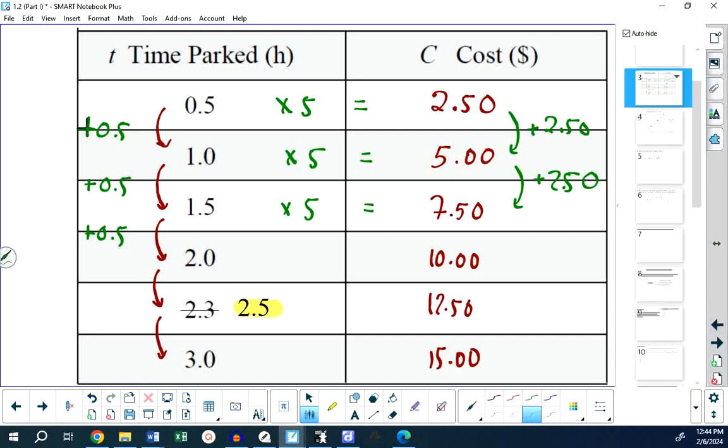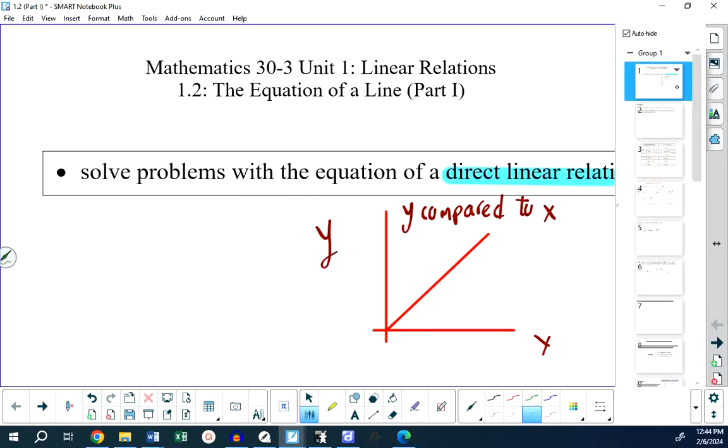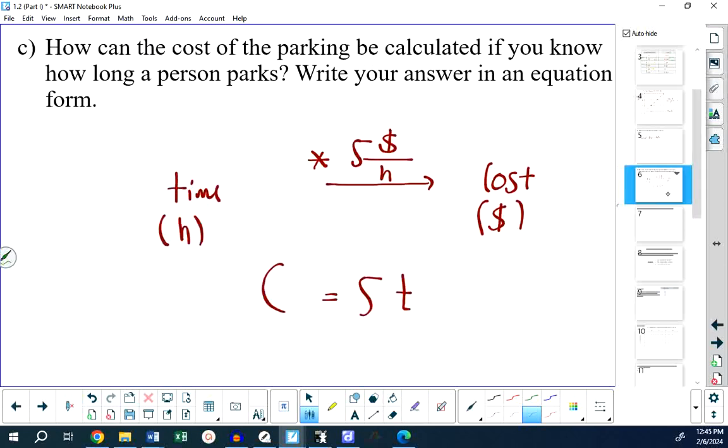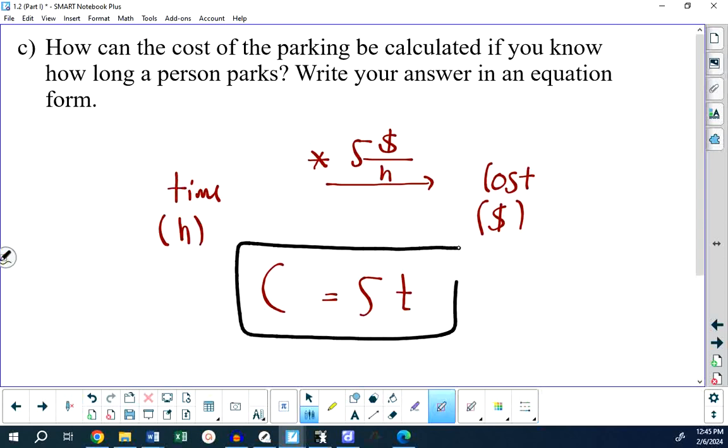So now we have a formula, we have an equation, and that's the new part in today's lesson, right? If you look back at the beginning, I said we were going to be looking at solving problems using an equation. Well, we've come up with the equation. I hope everybody agrees that coming up with this equation isn't easy. It's not always going to be easy, unless you know the secret.